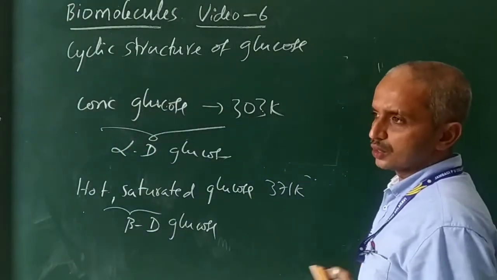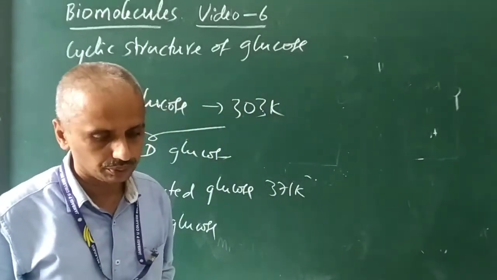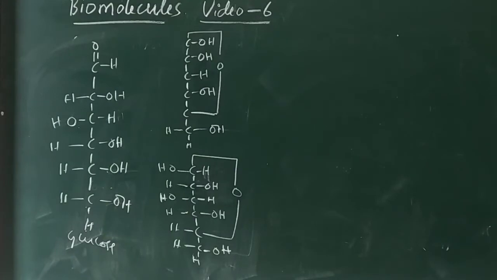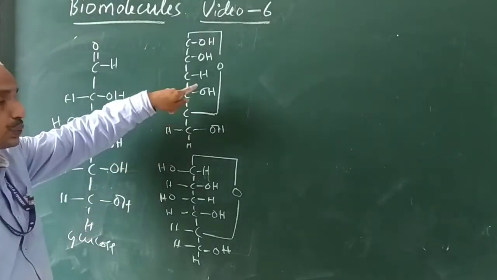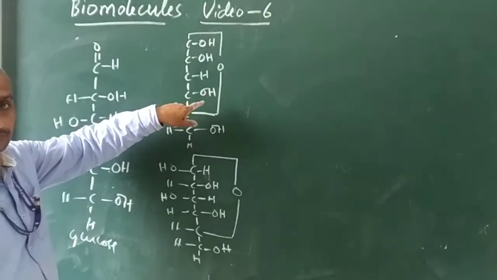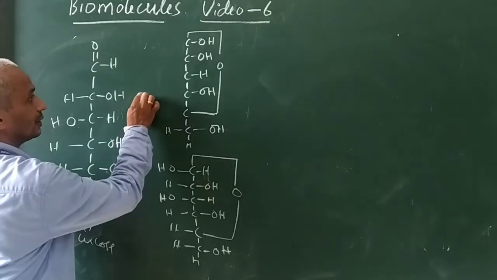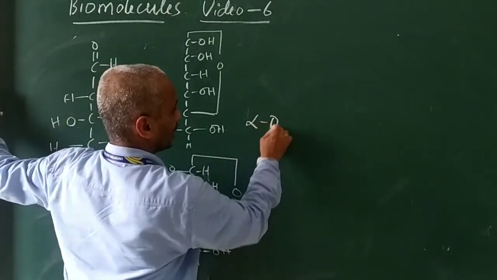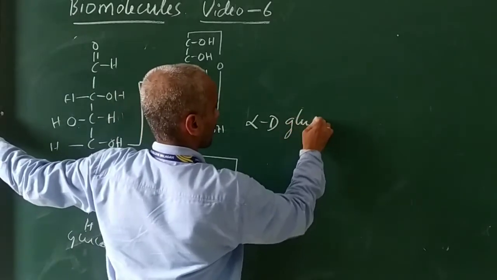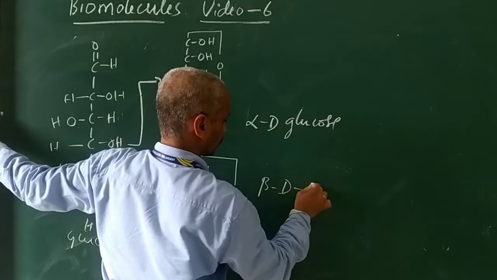These two are the two crystalline forms of glucose. The glucose exists in two anomeric forms. How? See here. The first one is alpha D glucose. This is beta D glucose.